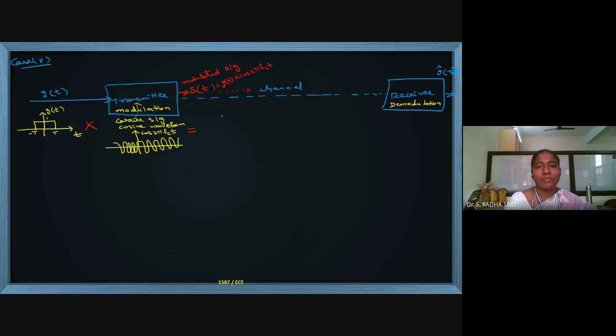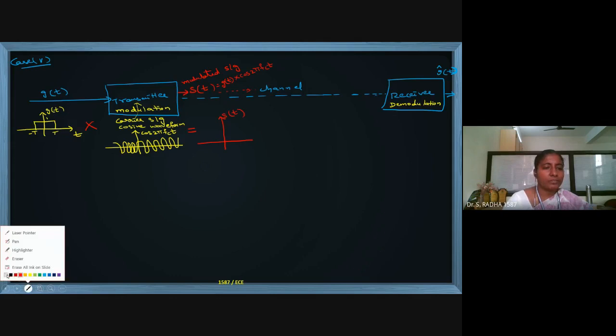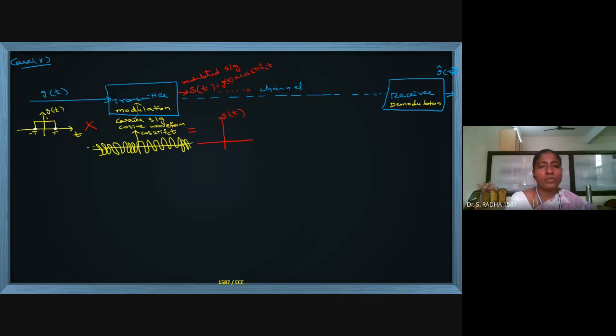Okay. How will it look? The S of t diagram. You can see here, G of t is from minus t to plus t. But the cosine waveform is continuous, from minus infinity to plus infinity.